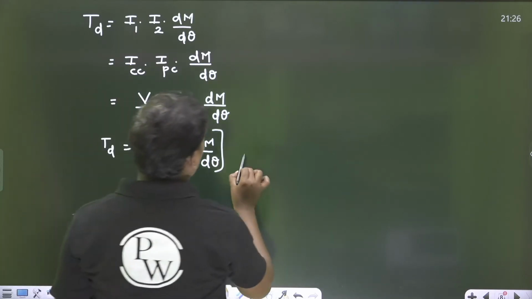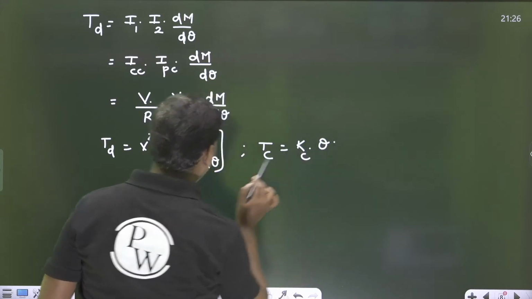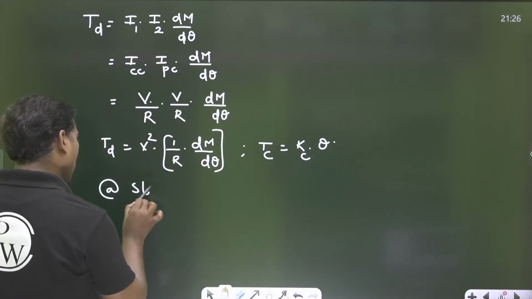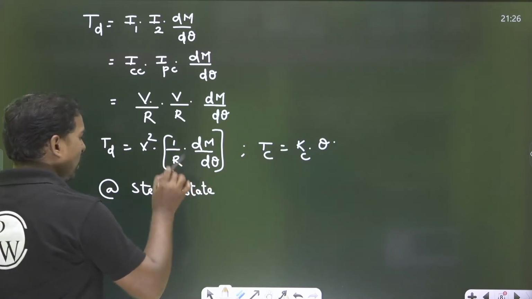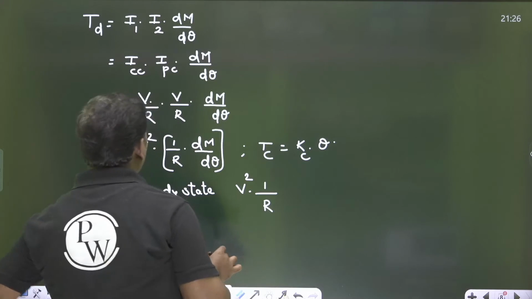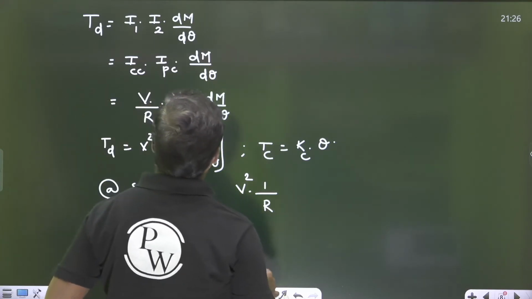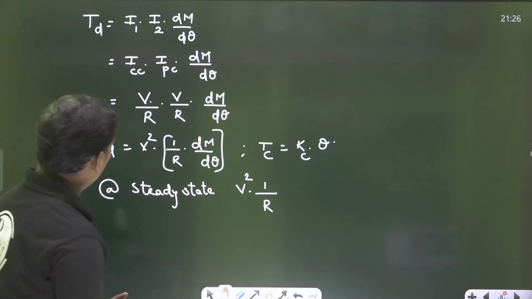And what is the controlling torque expression? Tc is equal to Kc into theta. So at steady state, what happens? When you write this, V square by R, where R is the resistance of the pressure coil.